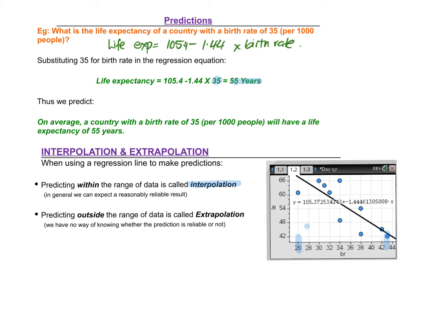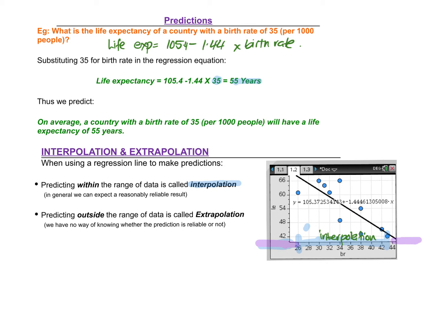So any prediction values in here is interpolation. Now, if you predict, so is 35 interpolation? Yes, yes.